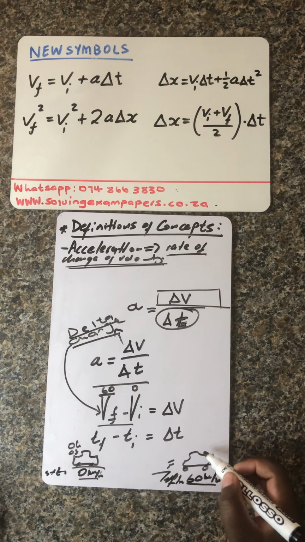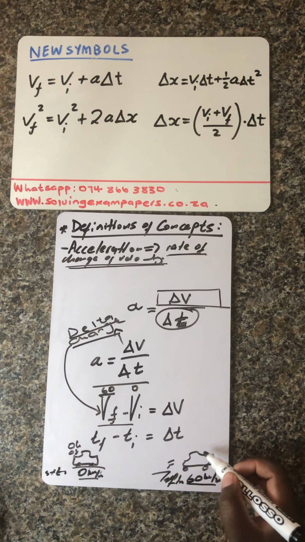So in words, speed is the total distance traveled per unit time. Very, very much important, ladies and gentlemen, the total distance traveled per time.